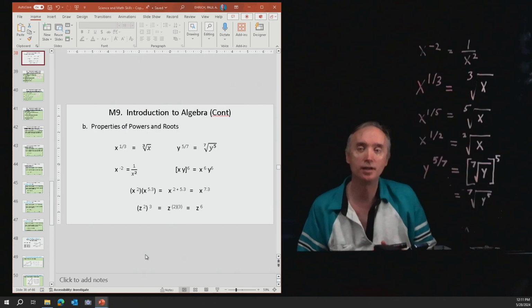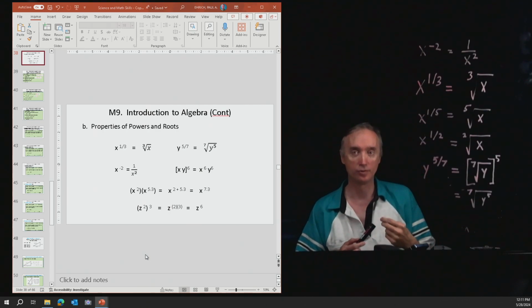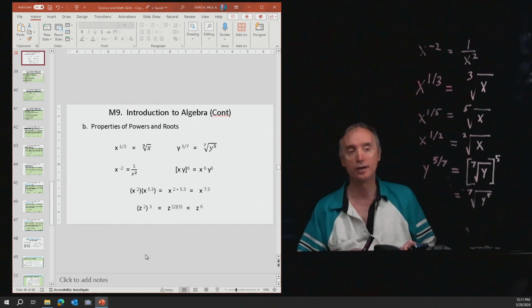The one that's next to it is, well, what if you have two variables like x and y? So x times y, and then the whole thing is raised to the 6th power. Well, that's going to be the same thing as x to the 6th power times y to the 6th power.